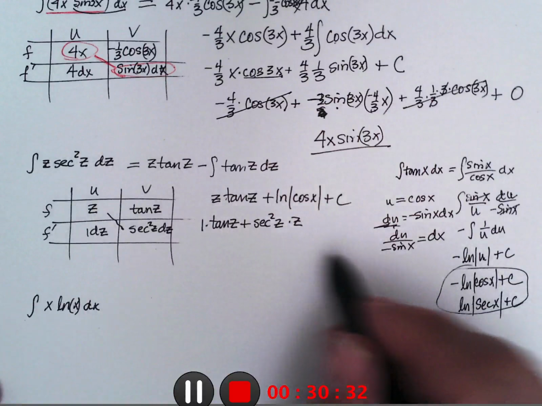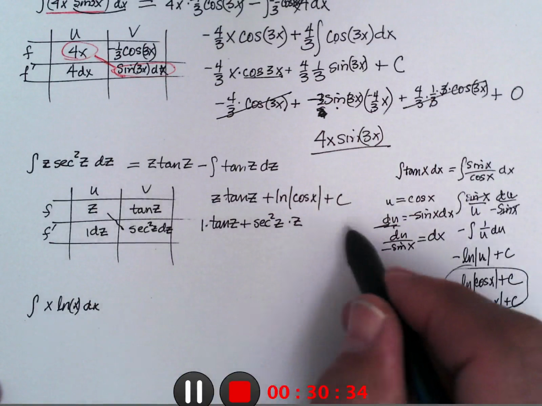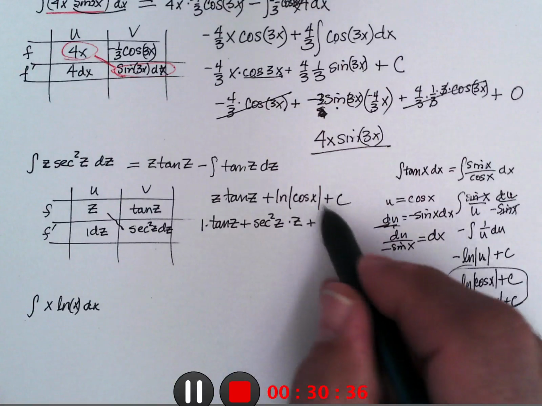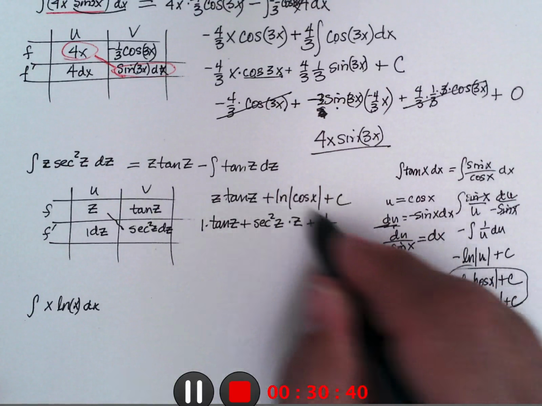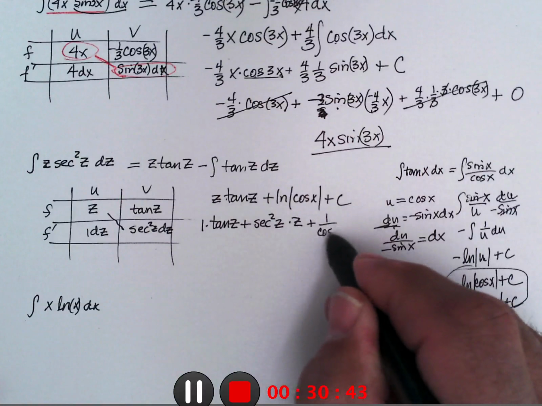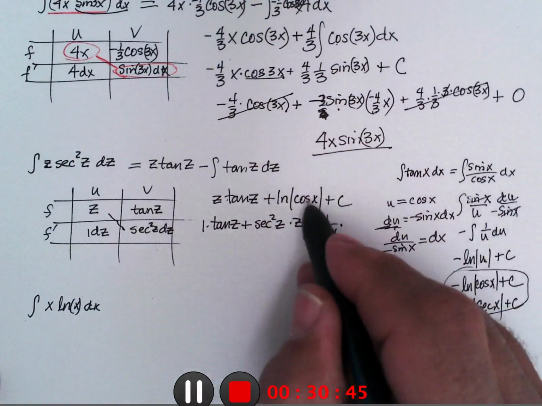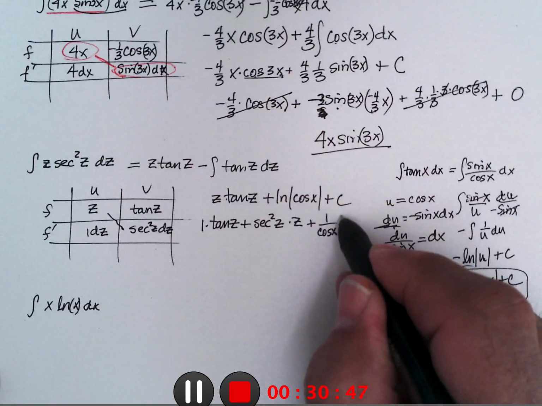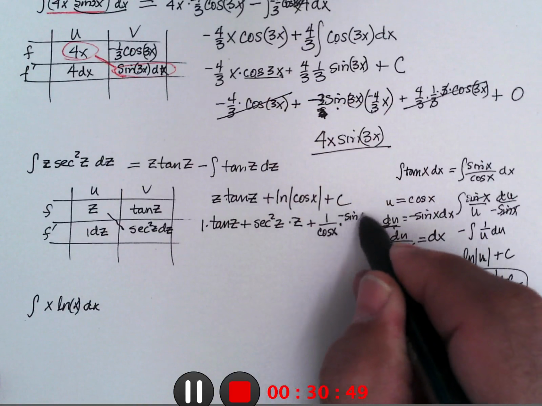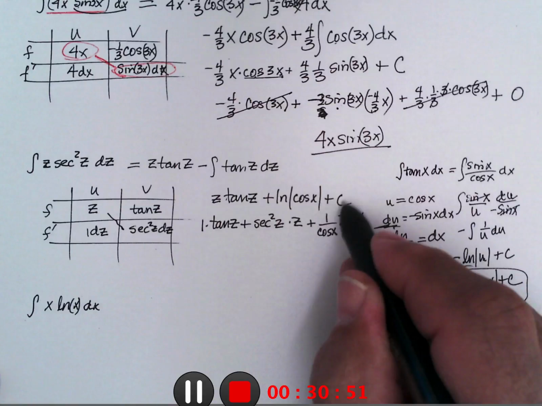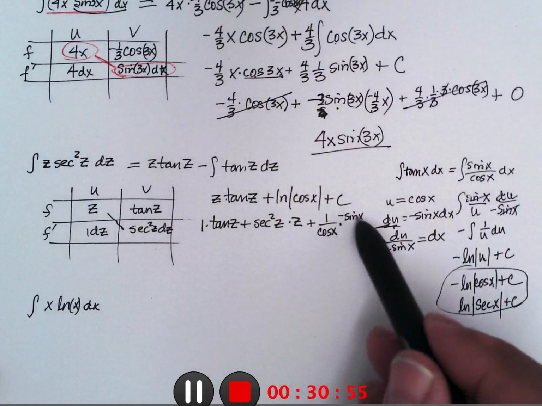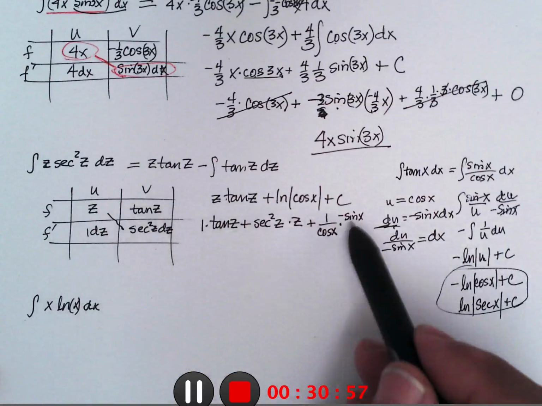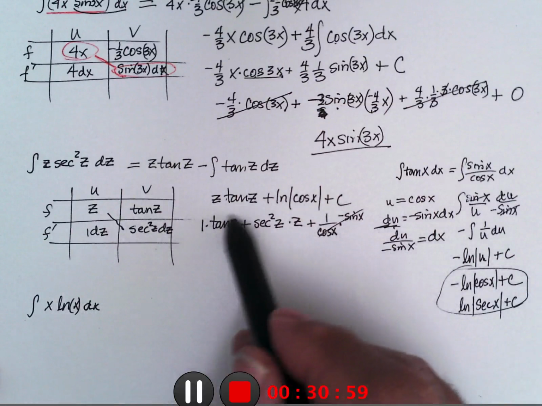So hopefully this tangent will cancel out, plus derivative of ln, well, that's 1 over what's inside, times the derivative of the inside, which is negative sine x, and the derivative of c is 0. So this is negative sine over cosine, which is negative tangent, cancels the positive tangent, and we get what we wanted.